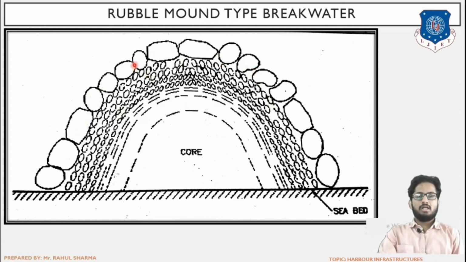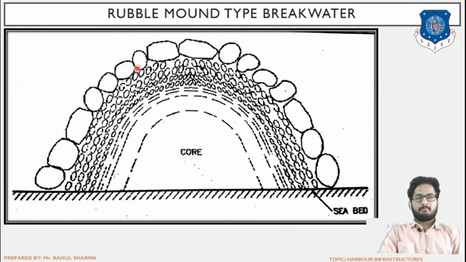Repeating again, as there are voids or empty spaces, the waves will pass through, will seep through these voids. They will dash with the rubble, apply forces on the rubble, and will release energy, and in this manner the dissipation or mitigation of the high energy of waves will take place, and the functioning of the breakwater will be done.